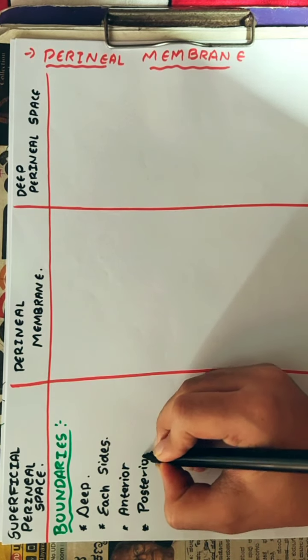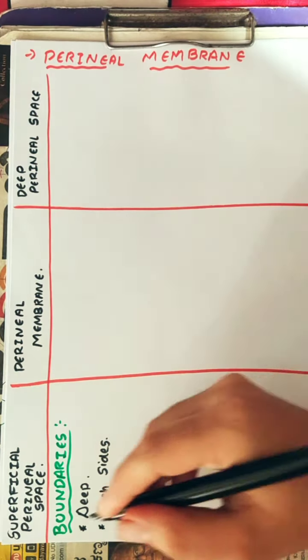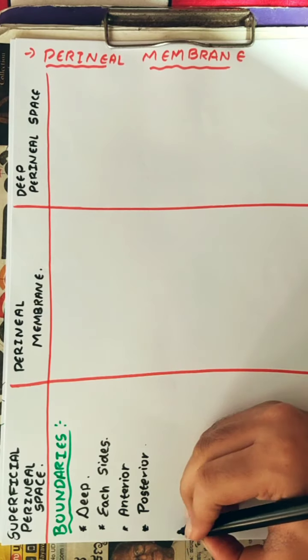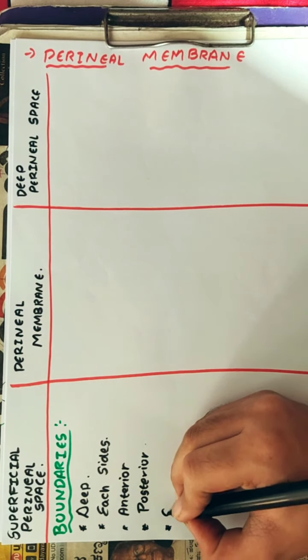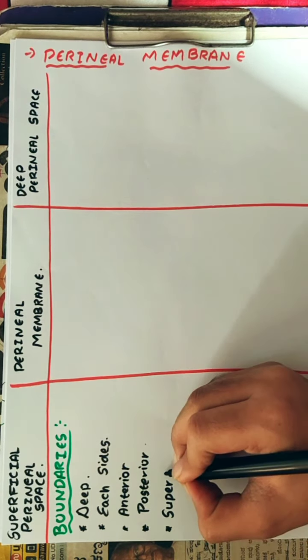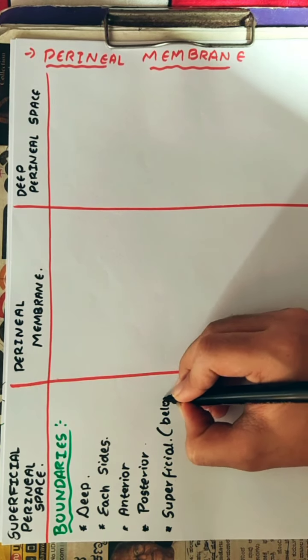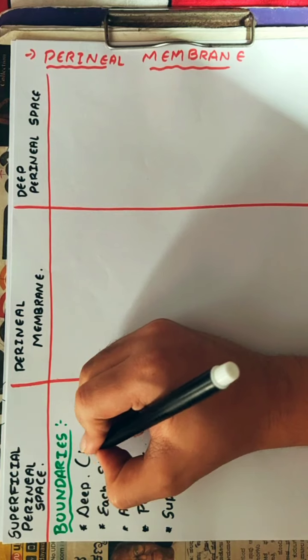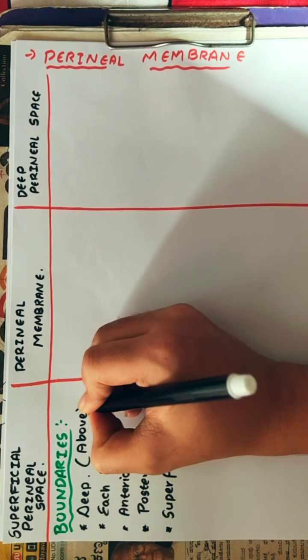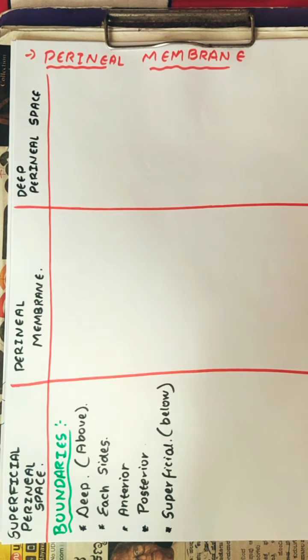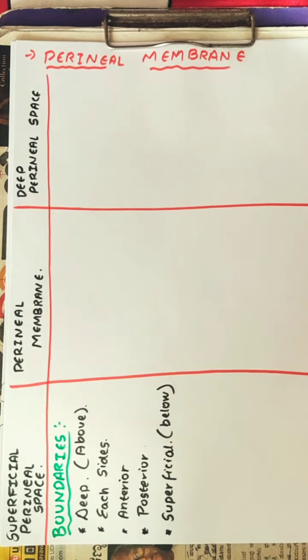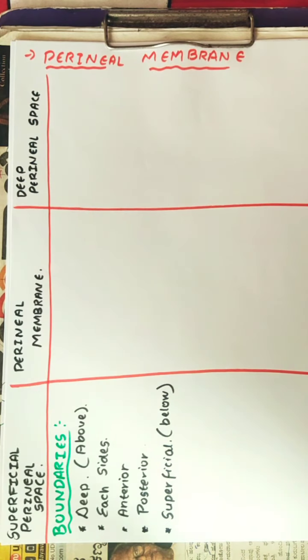We'll study what these boundaries are in the next video. Superficial is nothing but below, whereas deep is the one which is above. So these are the boundaries: deep, each side, anterior, posterior, as well as the superior or below.